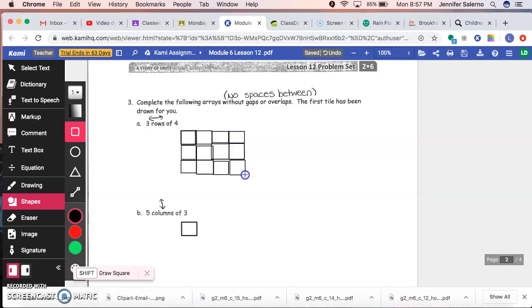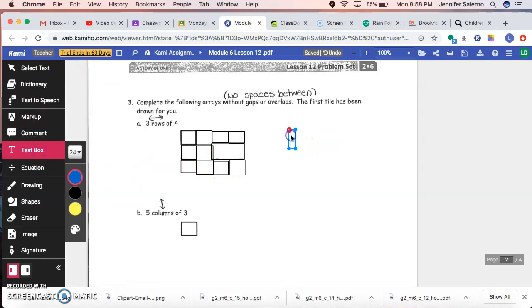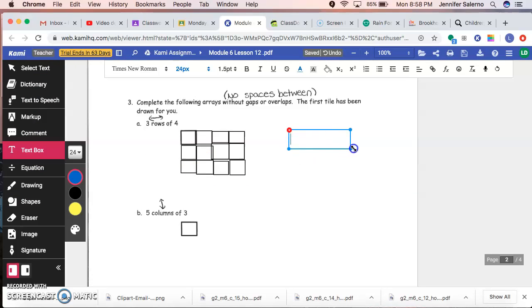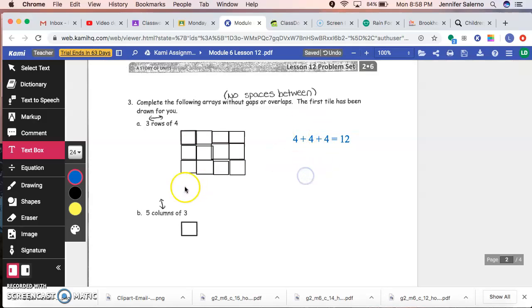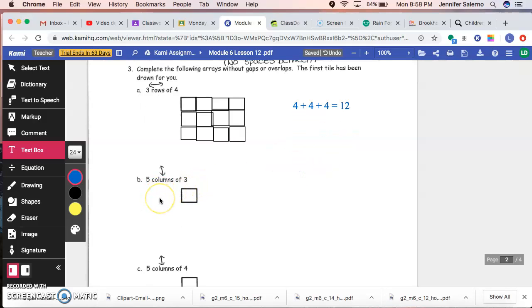And then for extra practice, we'll put in a little text box over here, and we're just going to write our repeated addition equation, which in this case would be 4 plus, we should all be experts at this by now, 4 plus 4 plus 4 equals, say it out loud for me, 12, okay?